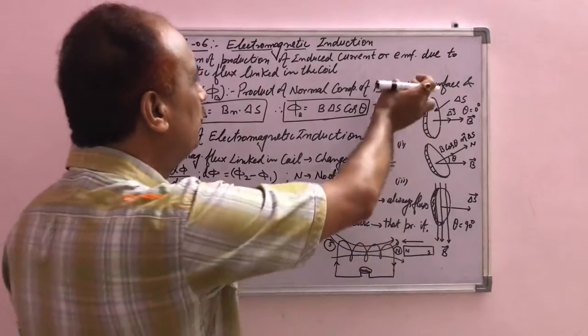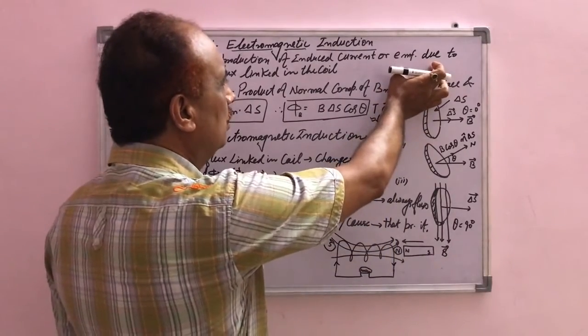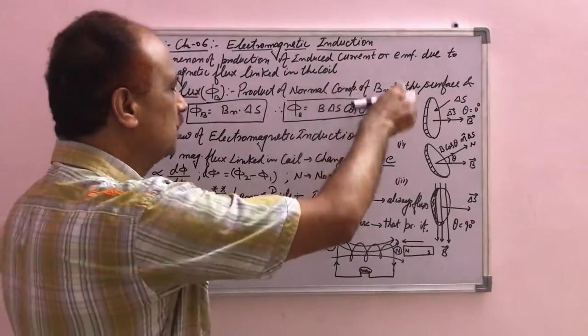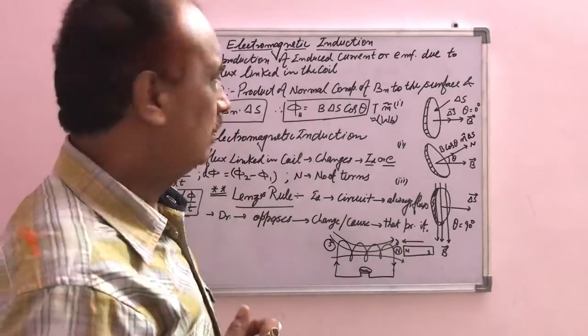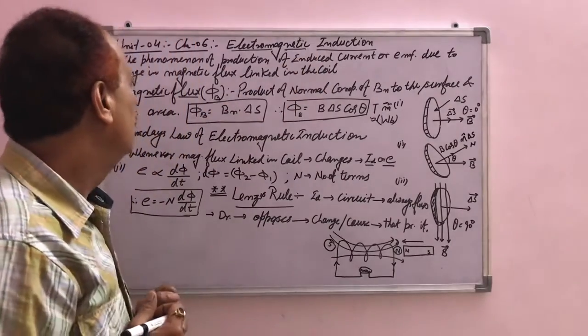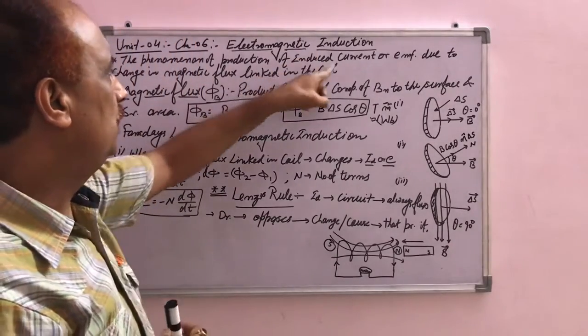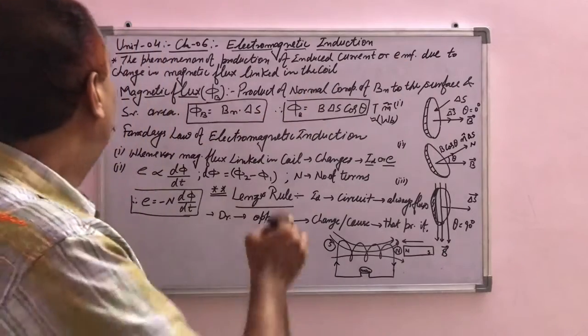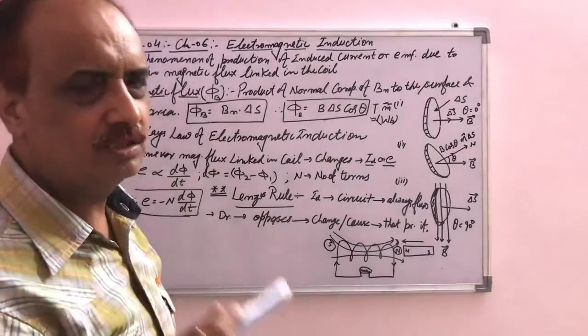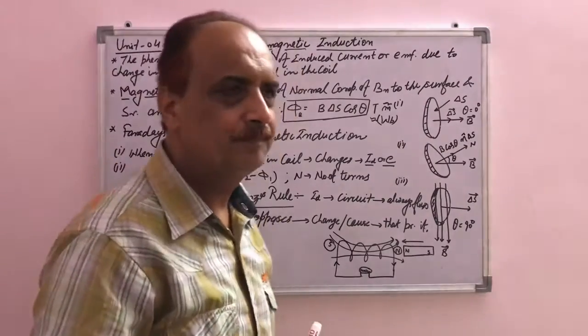So if the coil is open, then EMF is induced at the ends of the coil, and if the circuit is closed, then induced current is flowing in the circuit. So according to the definition, the phenomenon of production of induced current or EMF due to the change in the magnetic flux linked in the coil is known as electromagnetic induction.